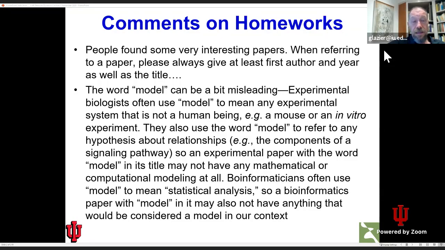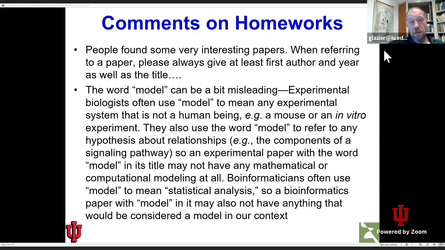One of them means any experimental system that's not a human being. So a mouse model of disease X, an in vitro model of disease Y. And so just because the paper has model in its title, doesn't mean that there's actually any modeling of the kind that we're talking about.